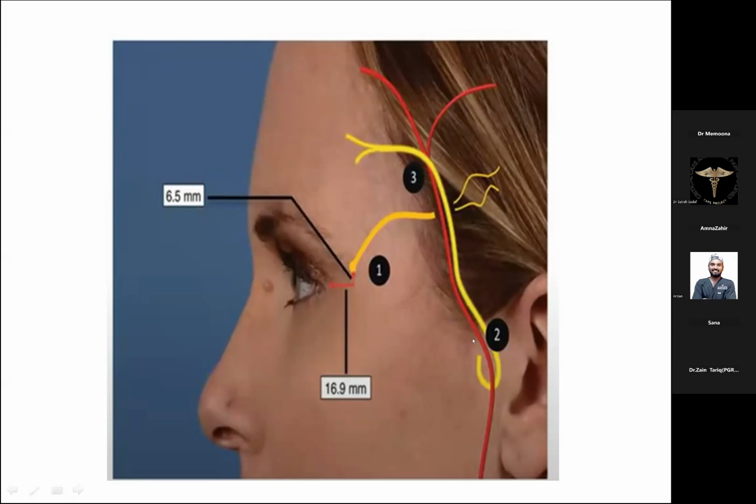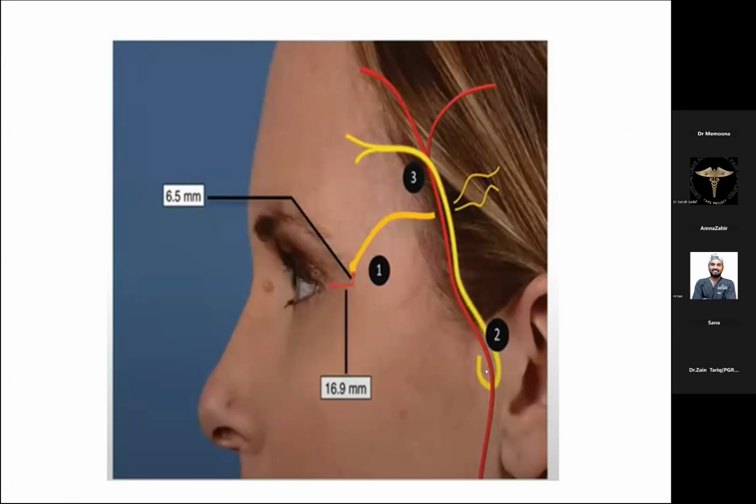One technique described is to block the nerve just in front of the tragus. Another technique is to draw a line from the lateral canthus of the eye to the tragus, and 1 centimeter on this line medially, the nerve can be blocked. However, blocking the nerve at this lower location is associated with increased risk of facial nerve palsy as well.